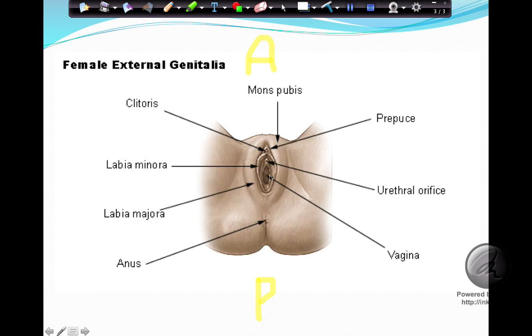The hymen is essentially a thin membrane that covers the opening of the vagina, and it has really more cultural significance than biological significance. A lot of cultures place an importance on the presence of the hymen to equal purity or virginity of a female.